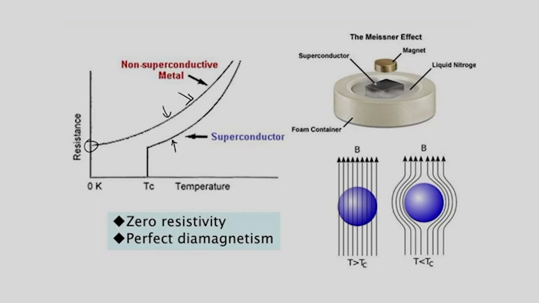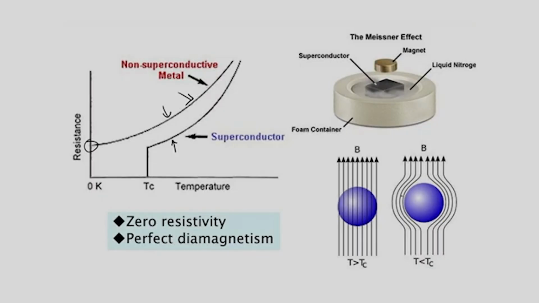It happens because of the tremendous magnetic energy from the bunching of the flux lines in the vicinity of the superconductor.